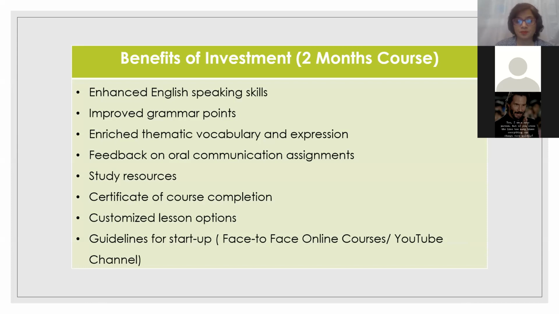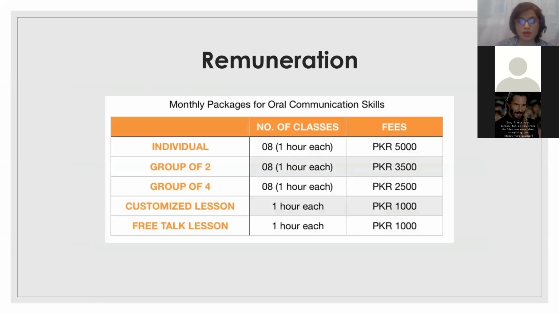Okay, last I would talk about the charges. This is a monthly, 2 months package. Each month it depends upon you which package you would like to have, whether you like an individual one and want to study all alone, or in a group of 2 or 4.